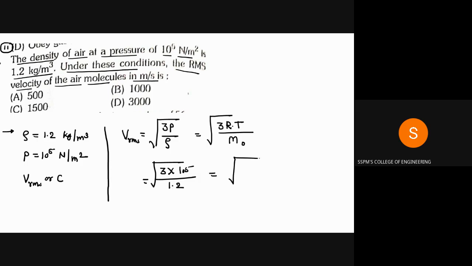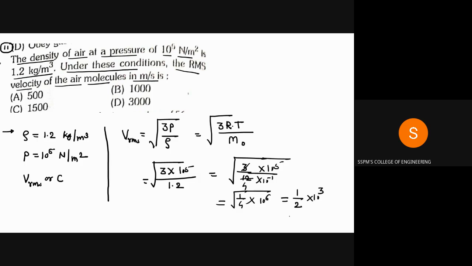We can write this as 3 divided by 12 into 10 to the power minus 1, into 10 to the power 5. So 3 by 12 is 1 by 4, square root of 1 by 4 into, taking minus 1 to the numerator, 10 to the power 6. The square root of 1 by 4 is 1 by 2, into 10 raised to 3.